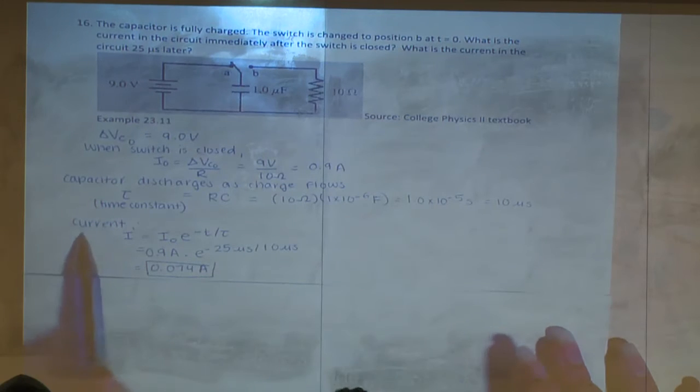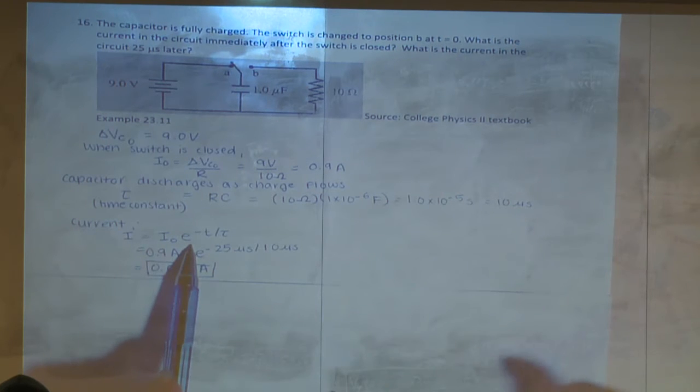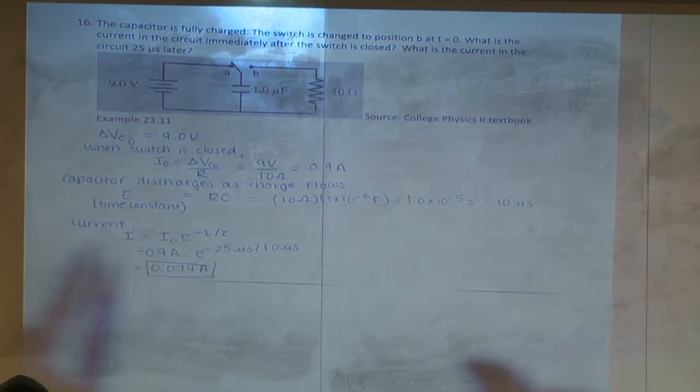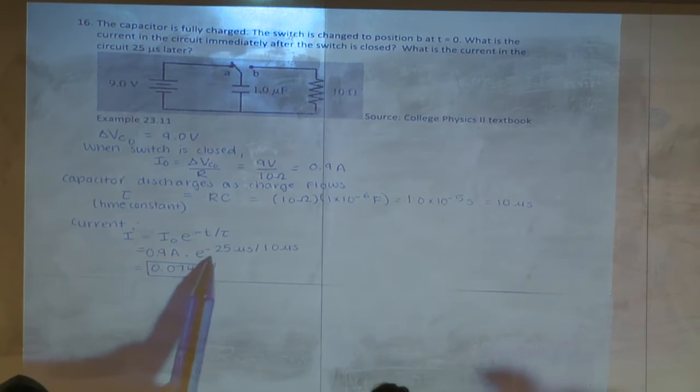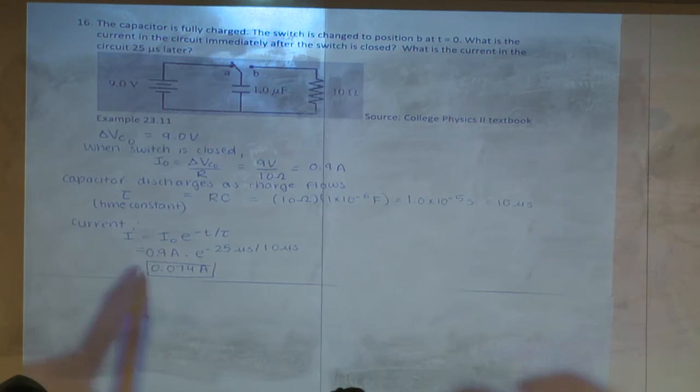If I were to calculate the current, this is the formula for the final current, which is initial current times e to the negative t over tau. So t is the time that we're asked for, and tau is the time constant, right? So 0.9 amps times e to the negative 25 microseconds over 10 microseconds is going to give us 0.074 amps.